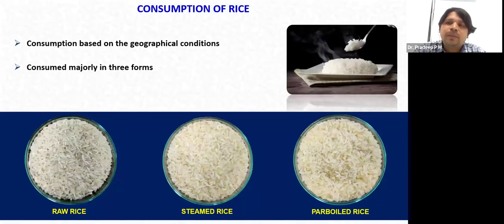Whereas the paddy after harvest, if it is steamed, or if it is subjected for hydrothermal treatment by steaming, then we will get the product called as the steam rice. Whereas if you soak the paddy and then steam it or cook it, then you dry and mill it. So this is called as parboiled rice. If you see the coastal areas, they are majorly dependent on the parboiled rice.